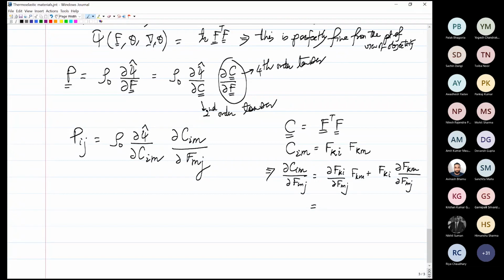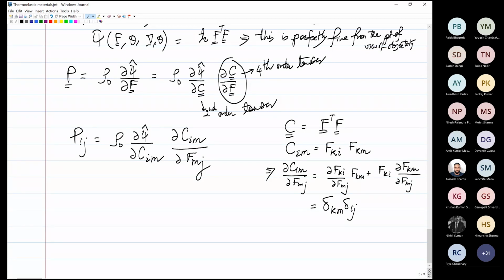Now you can think that each of the components are independent of each other. So when you take the derivative of one component relative to another, it will be 1 if they are the same and 0 if they are not the same. So you can write it as delta km into delta ij, which means k has to be equal to m and i has to be equal to j.